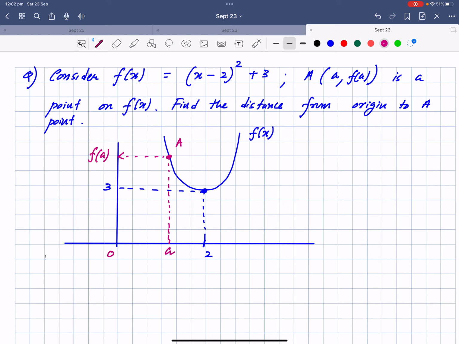The origin is here. So what you need to do is find this distance, this distance d. Now listen to me carefully. I'm going to get a point here on the curve, which I'm going to say is (x, f(x)). Why am I saying that? If I choose a point here, which is x, this x point is on the curve. That means this point will satisfy the equation.